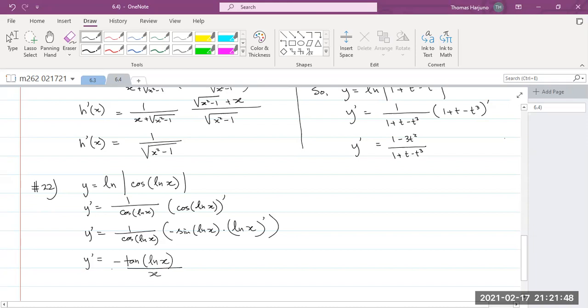Let me put the negative right in the middle. That's for number 22.